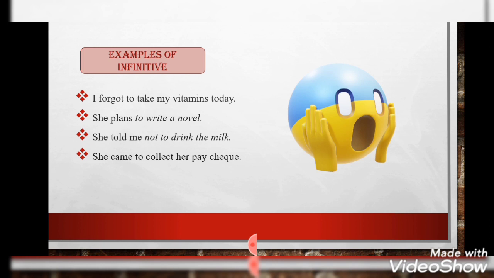These verbs are infinitive because these verbs will not change with the subject, with the person, with the number, but it is taking the help of to. This to is known as infinitive.